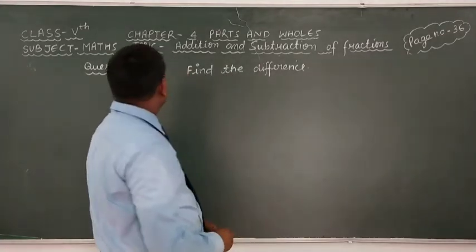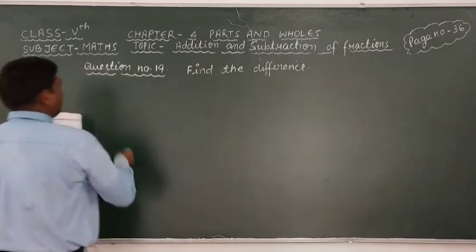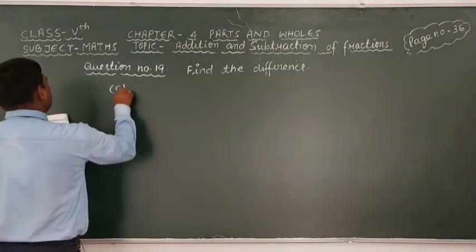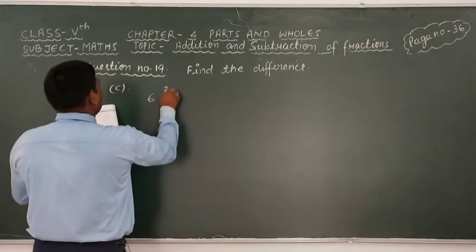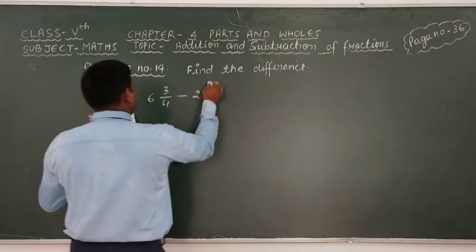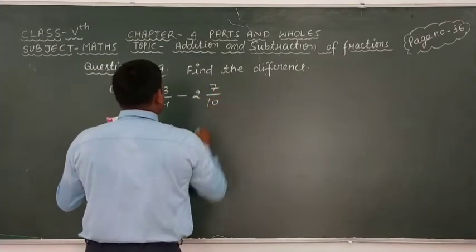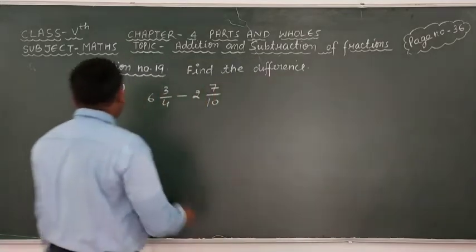Okay students, now let's start question number 19 of C. Question number 19 of C is here given that 6 whole 3 over 4 minus 2 whole 7 over 10. Okay students, look at here carefully.